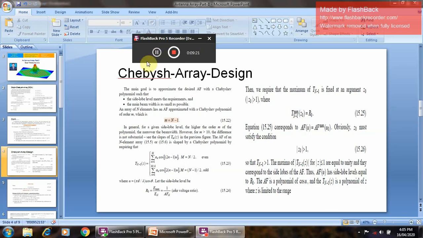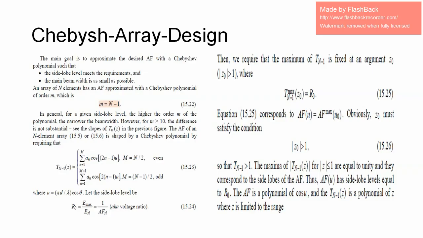So the array of n elements has the array factor approximated by the Chebyshev polynomial of order m, which is equal to n minus 1, and in general, for a given side lobe level, the higher the order m of the polynomial, the narrower the beam width, so the requirement is that the radiation pattern is as narrow as possible, and however m is greater than 10.